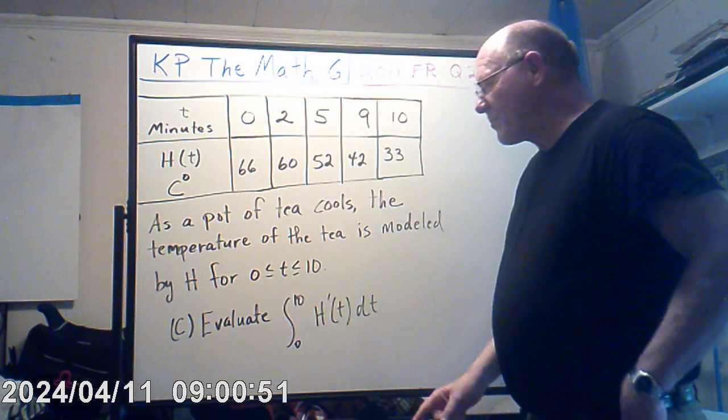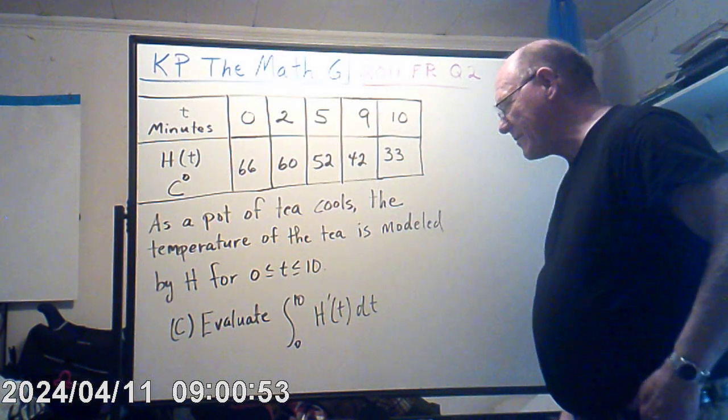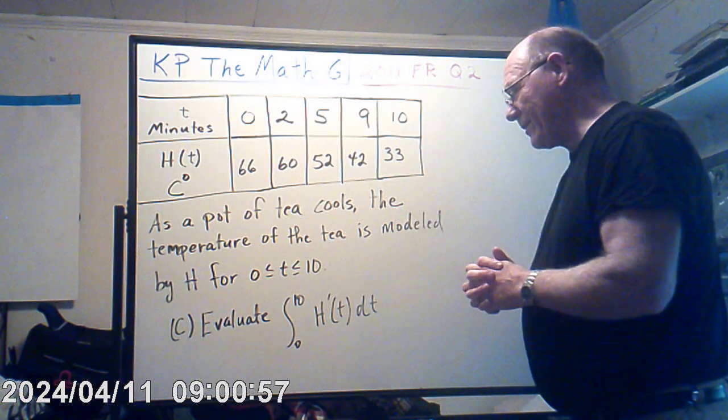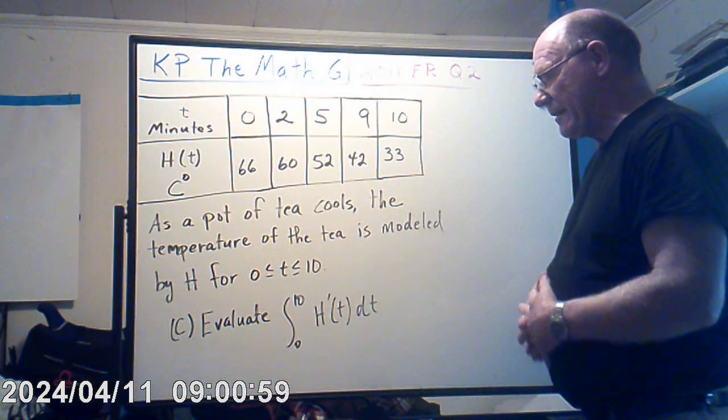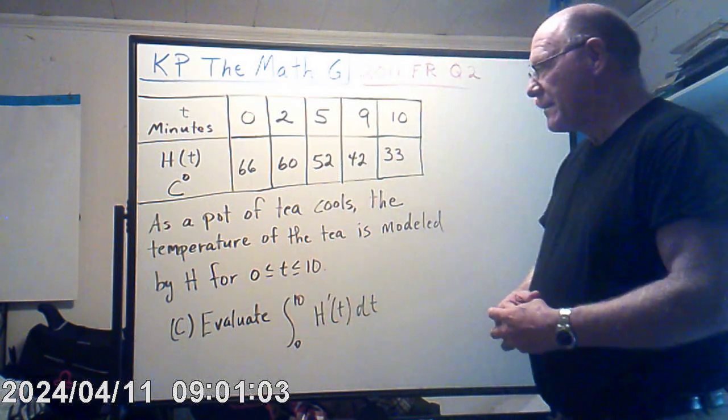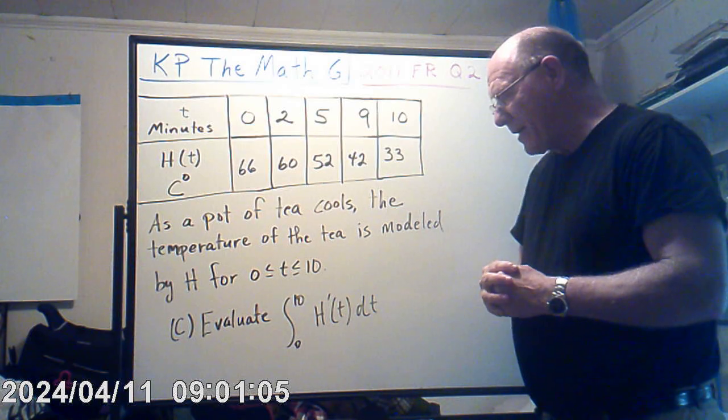It says as a pot of tea cools, the temperature of the tea is modeled by the differential equation H, for which T is between, including, 0 and 10, in minutes.